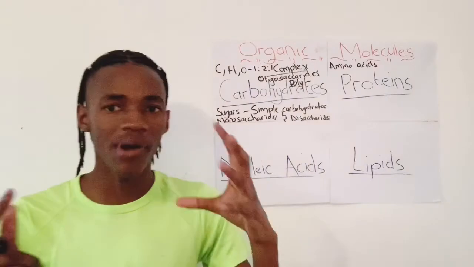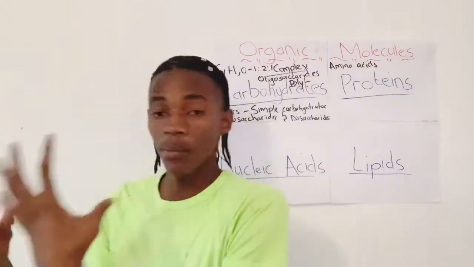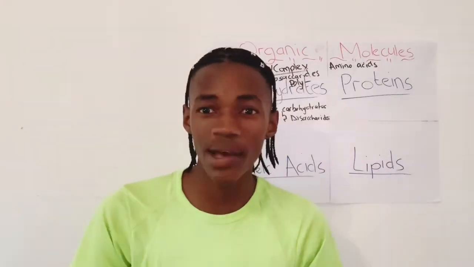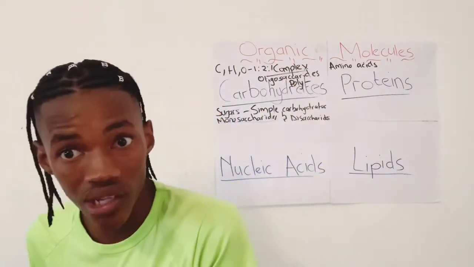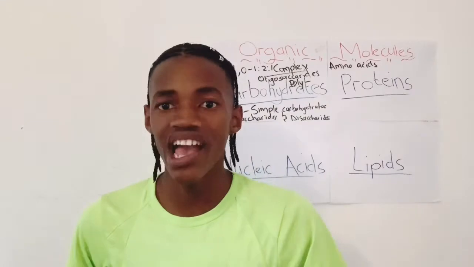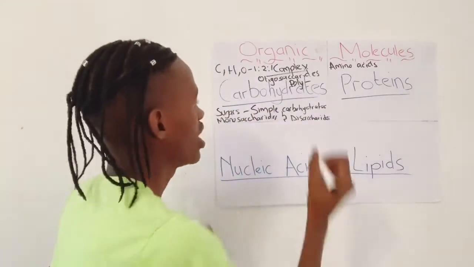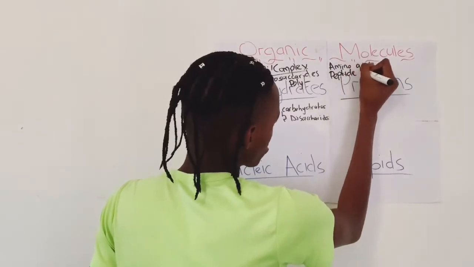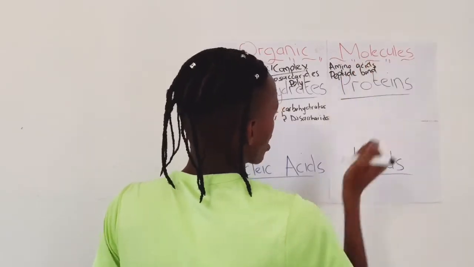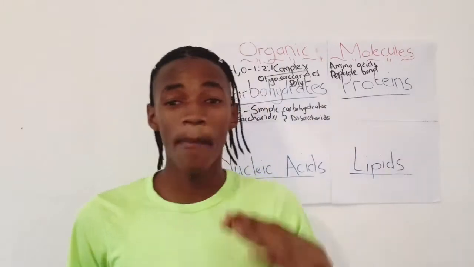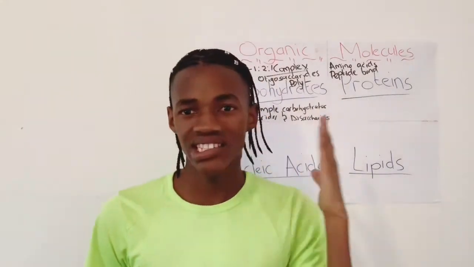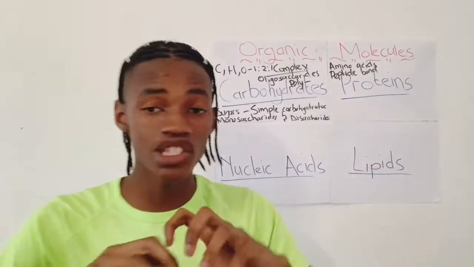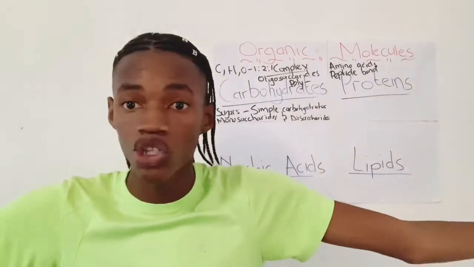And after monomers are made, obviously they need to join together, and they join together by chemical bonding, and when they bond together, they create a peptide bond. A peptide bond is the bond that holds them together into a molecule, right?